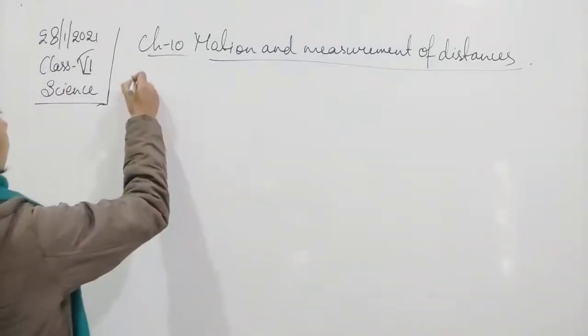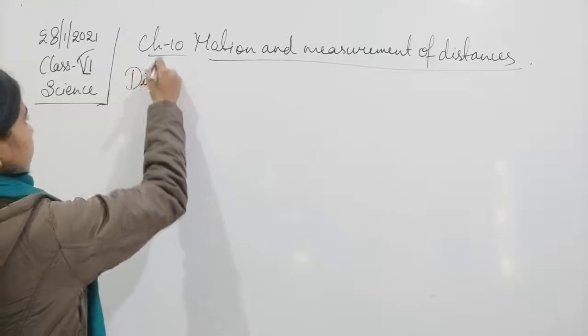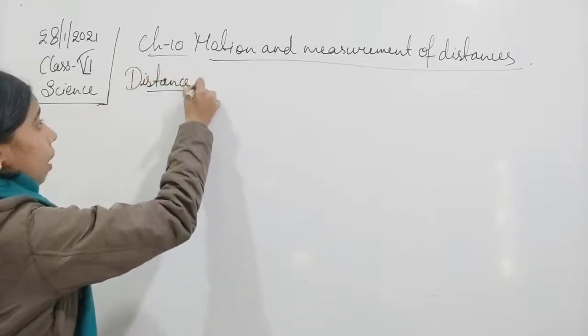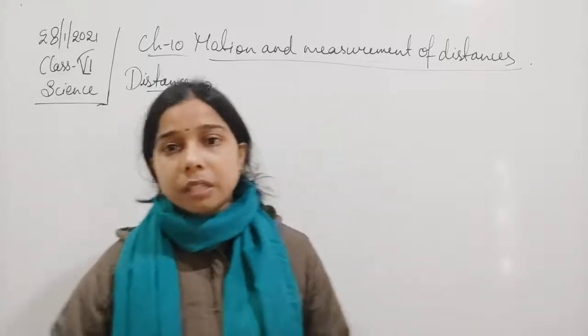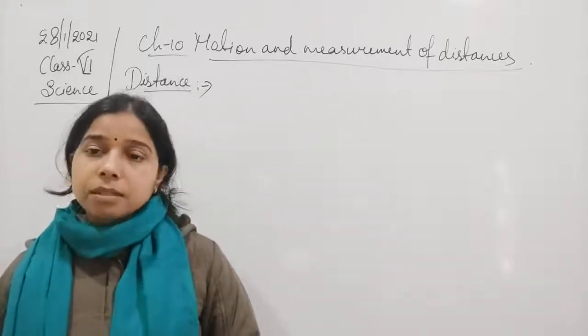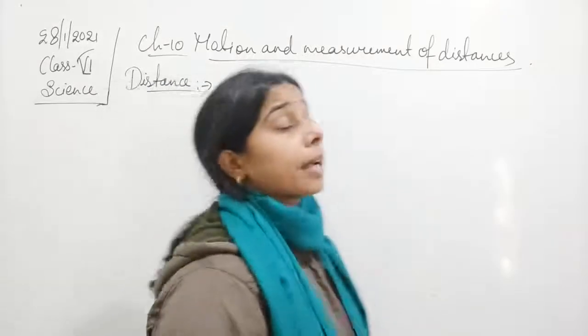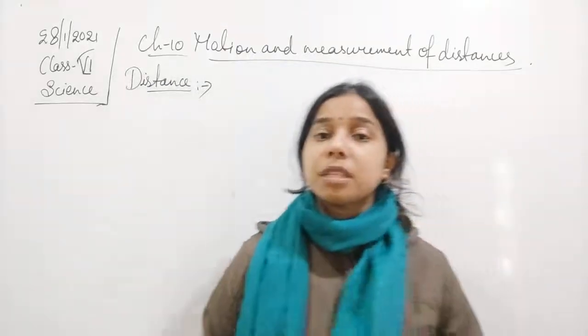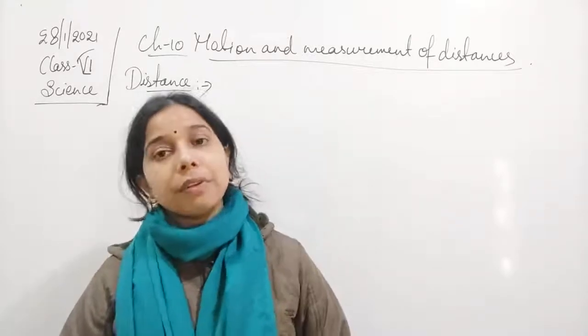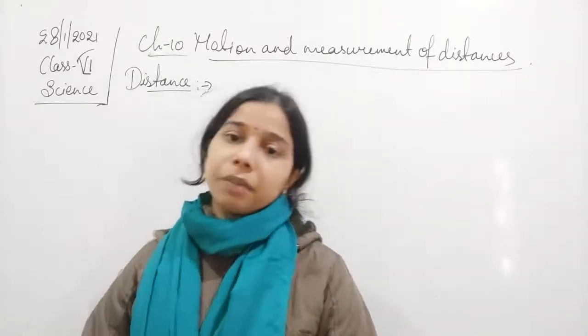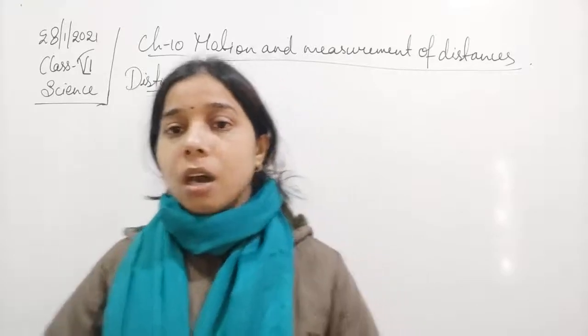For that, first of all, we will write here distance, because if we talk about the measurement of distances, we should know the meaning of distance, what we understand by distance, and what we understand by measurement. We should know these first, and then we will see how we can find the measurement of any object.